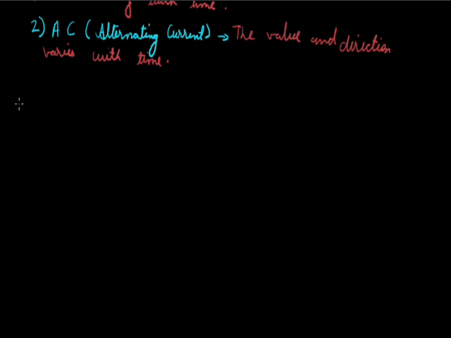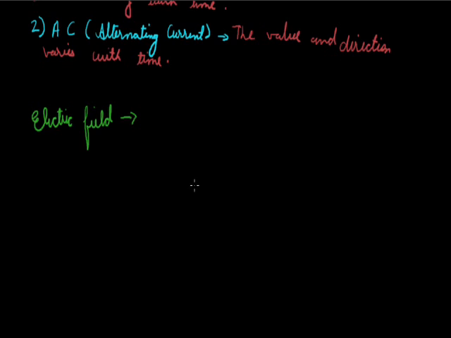Now we will study about electric field. Electric field due to a charge is the space around the charge in which the electrostatic force of attraction or repulsion due to a charge can be experienced.